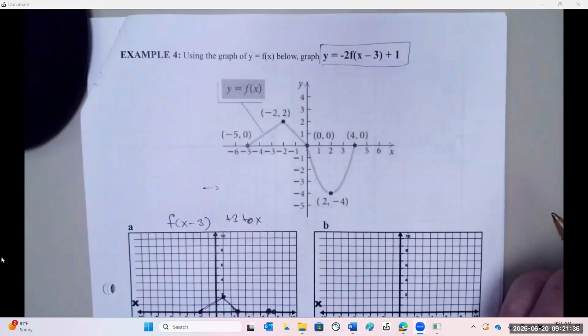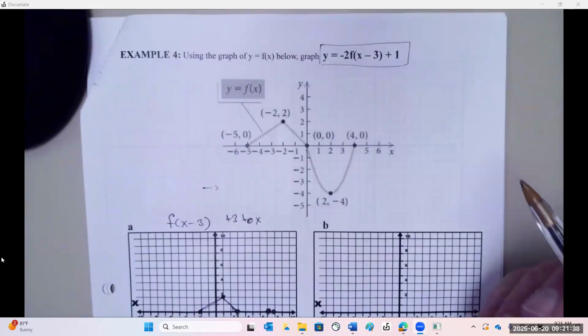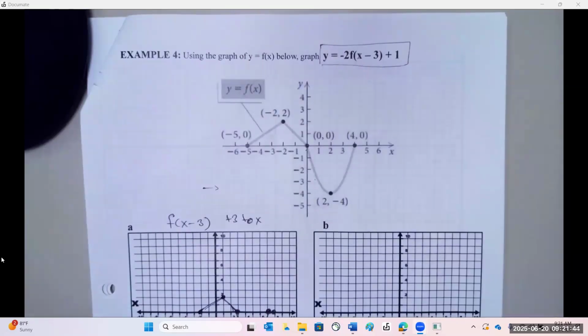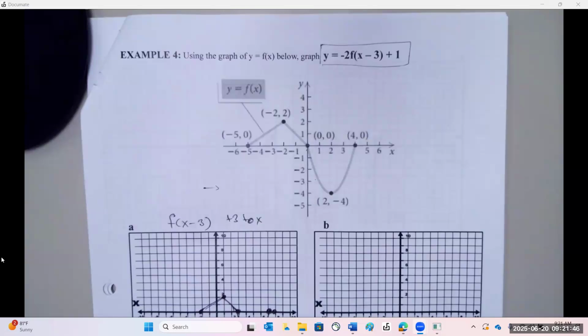In front of the x. Yeah, so there's no value. What does the b value do? It tells us whether we shrink or stretch horizontally. So all we do is a horizontal shift. There's no stretching or shrinking horizontally.